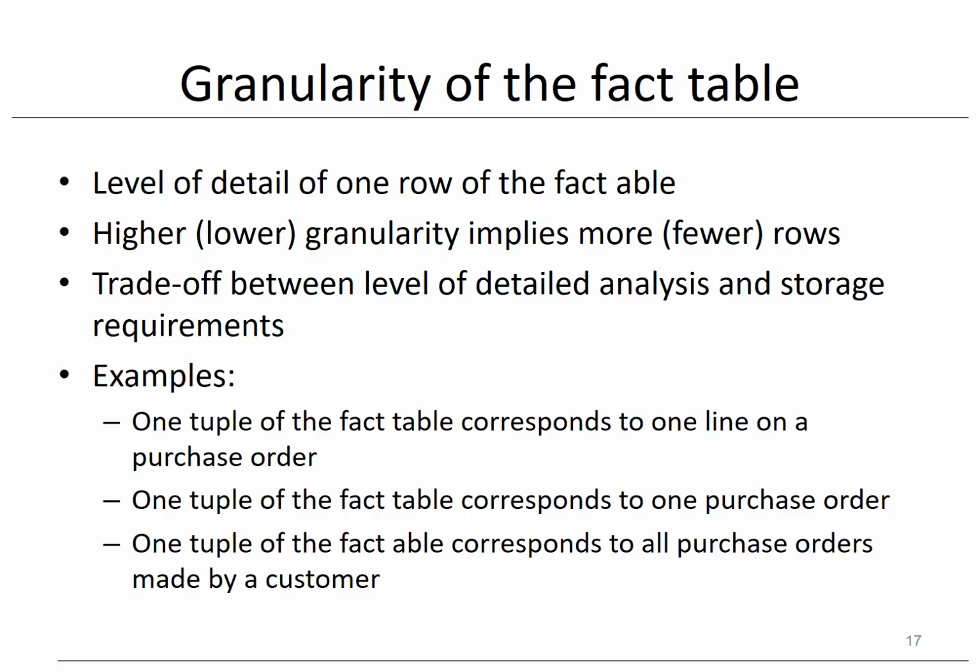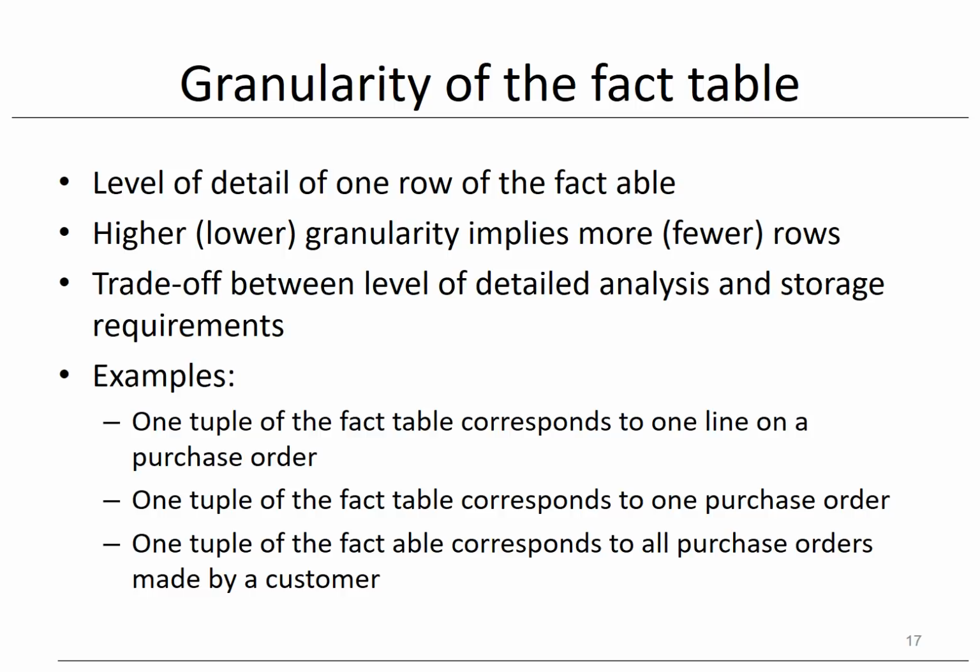Since the fact table contains the bulk of the data, it is important to design it at the appropriate level of granularity or grain. In other words, you should think carefully about the semantics in terms of the level of detail of one row of the fact table.